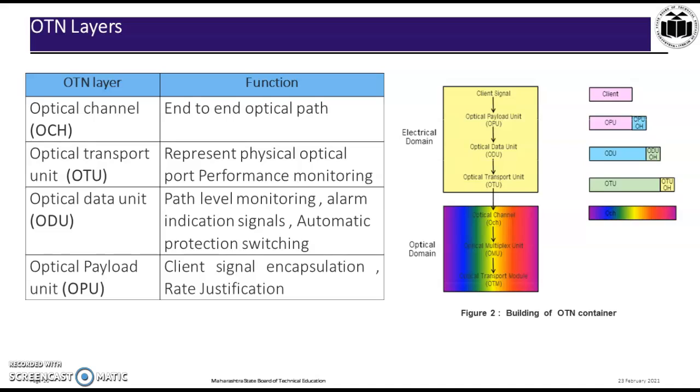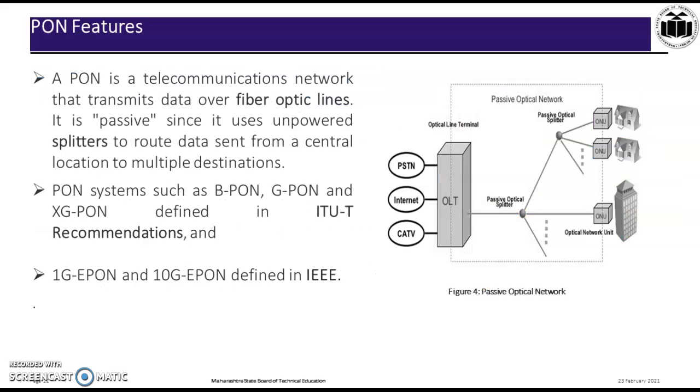ODU, that is the optical data unit, with path level monitoring, alarm indication signal, and automatic protection switching. And the fourth layer, that is the optical payload unit, OPU. The function is client signal encapsulation and rate justification.